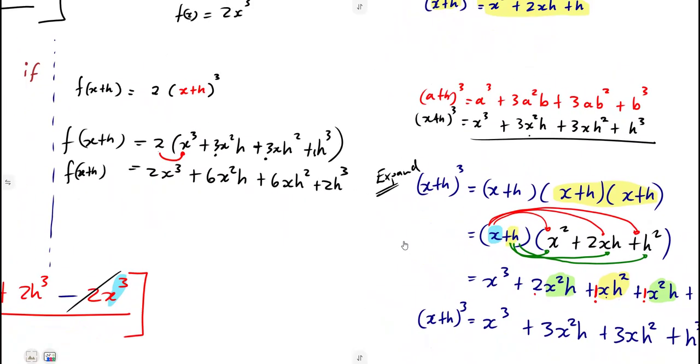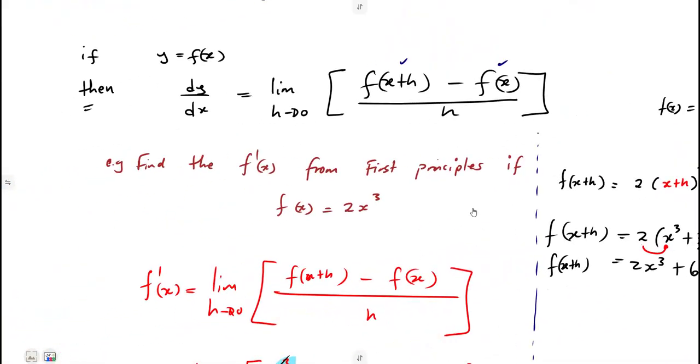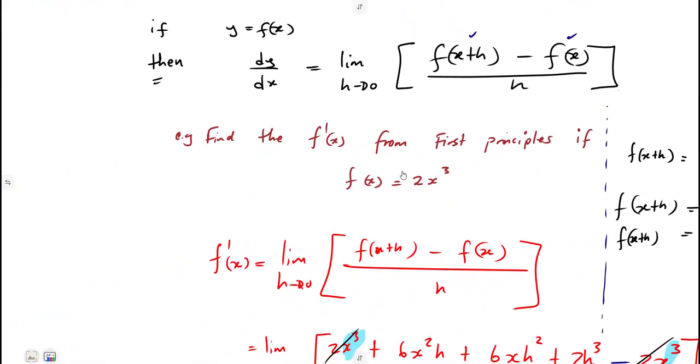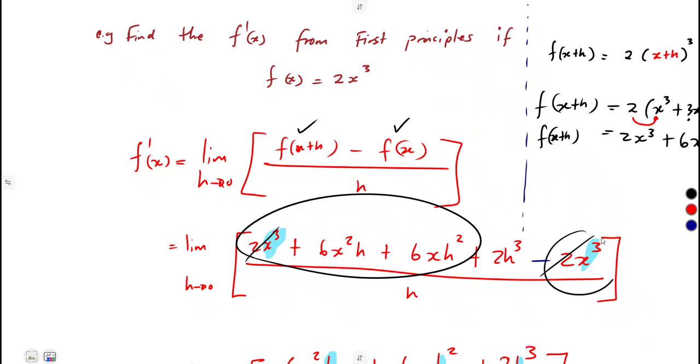That is the idea. And not forgetting our formula. We must know our formula, how to apply the formula, how to use it. F of x plus h must be there. And also f of x, which is the original function. You put that, subtract.